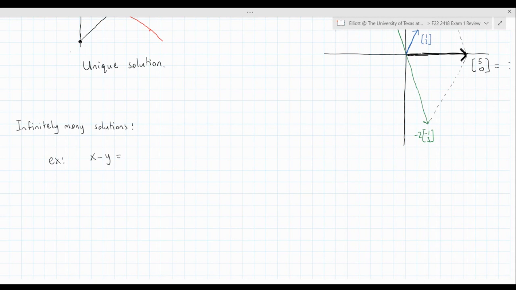So for example, if I consider the equation x minus y equals 2, and then 2x minus 2y is 4. Okay, so if you guys will notice, the second equation is actually just the first equation, but multiplied by 2.